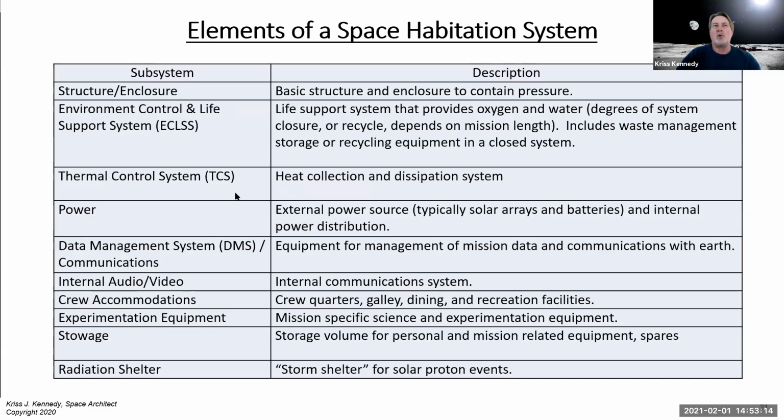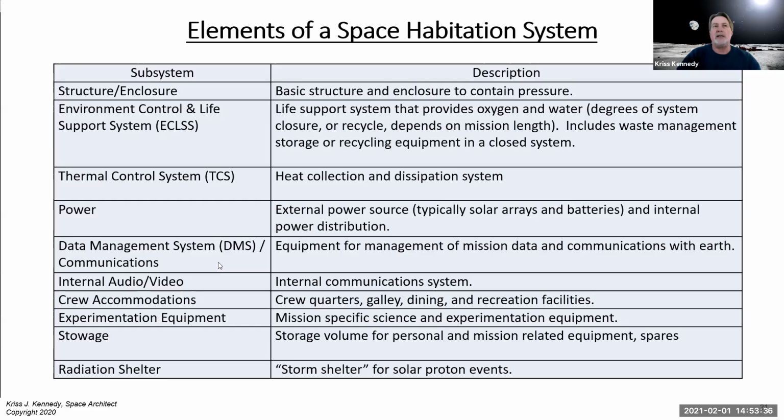Thermal control is important. There is passive and active thermal control. The active thermal control is about collecting the heat within the habitat and dissipating that heat external to the habitat. Obviously, there's power generation, power management, and distribution internal to the habitat.